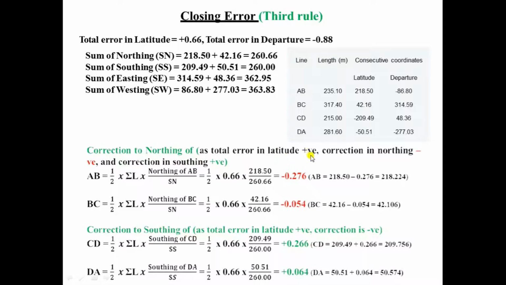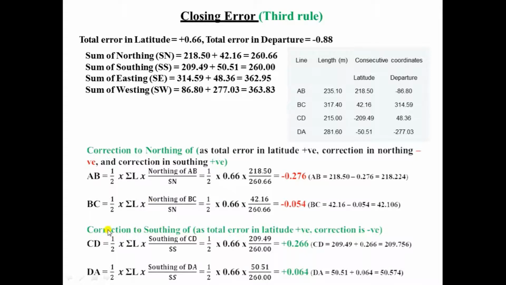The total error of latitude is positive, so the correction is negative. So we subtract that from our actual reading and we get the corrected reading. Same procedure we follow for BC.